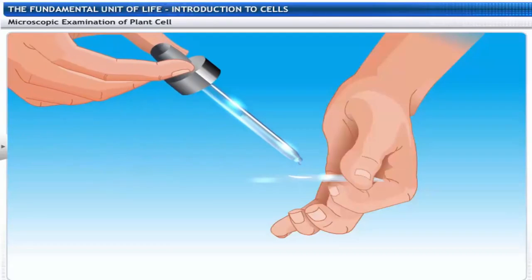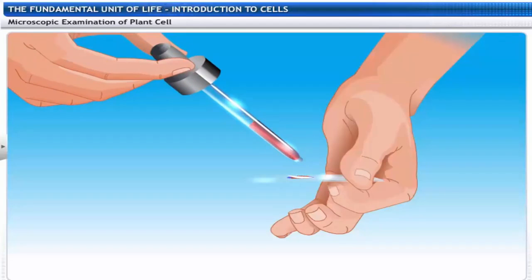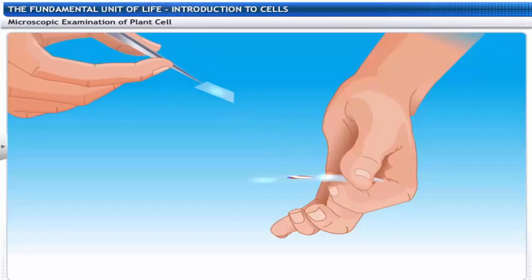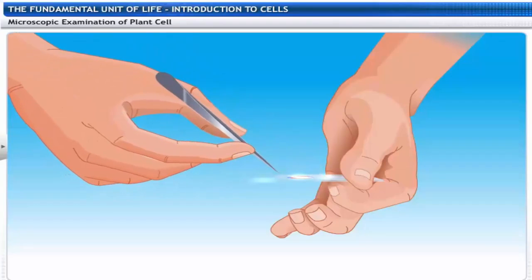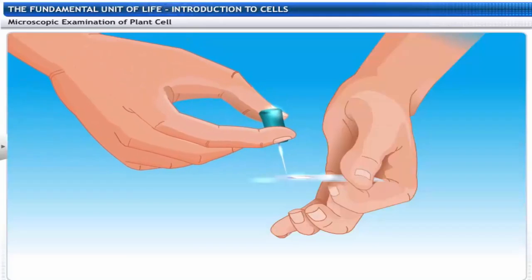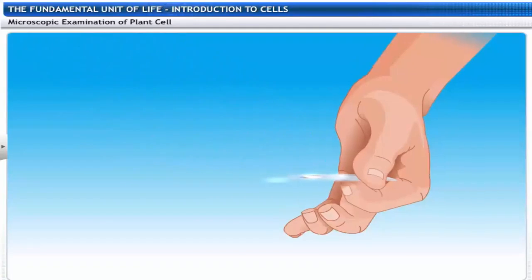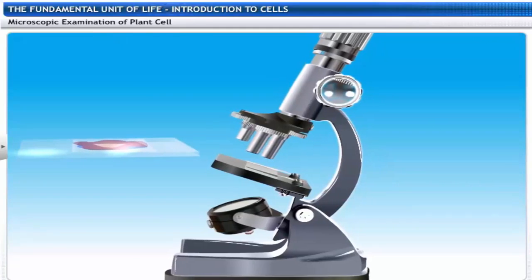Put a drop of water on it. Add a drop of iodine solution to it. Place a cover slip on it. Tap gently with a needle on the cover slip to remove air bubbles. Place the slide on the stage of the microscope.